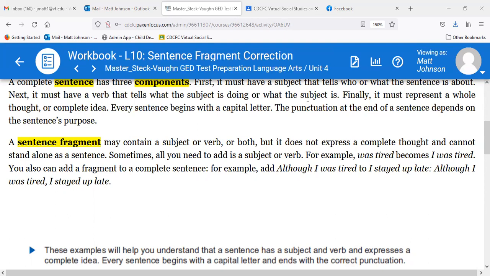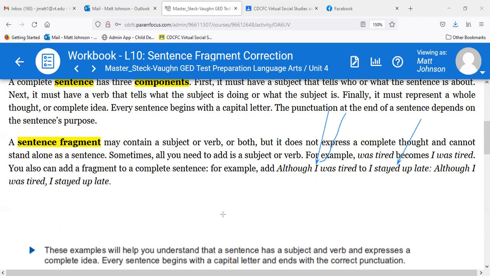And that's another important piece of language arts grammar, understanding this right here. So what we're working with there: "although I was tired" is a dependent clause. It requires another clause to make it a complete sentence. "I stayed up late" is an independent clause, right?